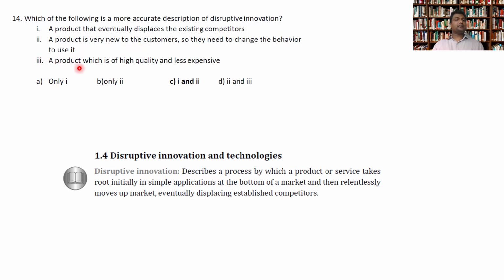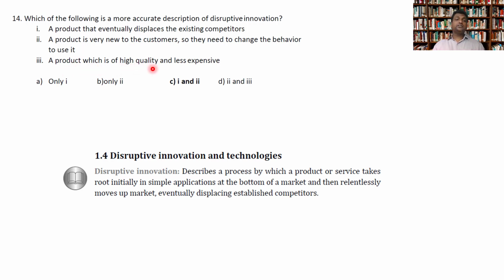Thirdly, a product which is of high quality and less expensive. Disruptive innovations doesn't need to be high quality or less expensive products. Some disruptive innovations can be expensive, and some disruptive innovations can be low quality as well, but which is enough to do the work, right?